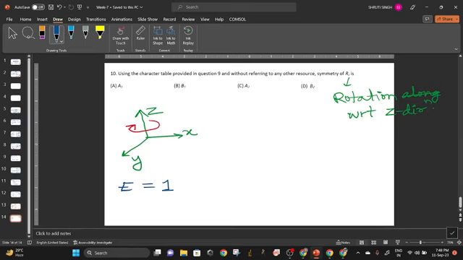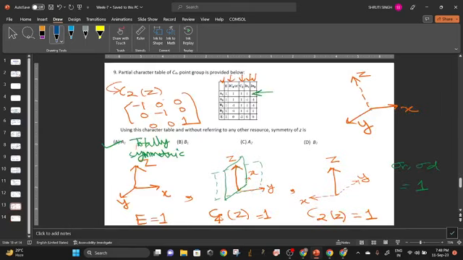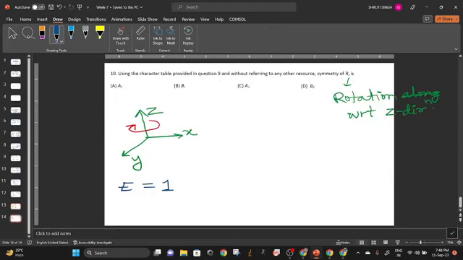Next, we need to work it out from the same character table. Both the questions are related. So next is C4. C4 means we need to rotate along this. If I'm rotating along this, how will this rotation vector change? Now I have to see how this red curve is going to change, not this green z-axis.